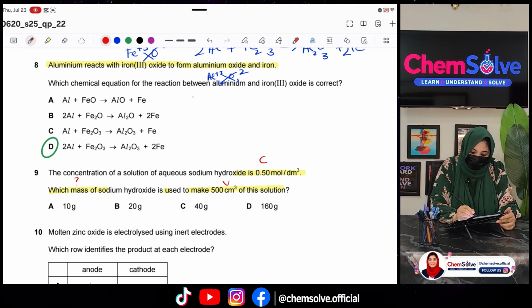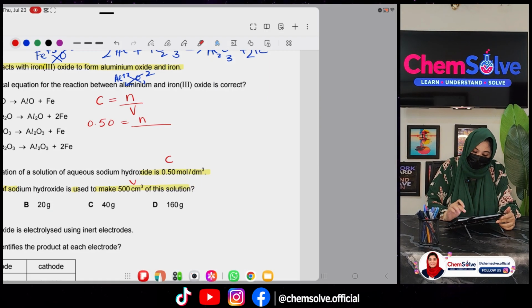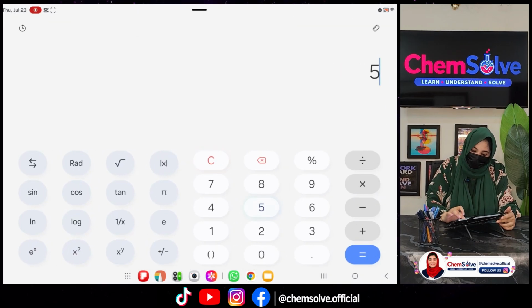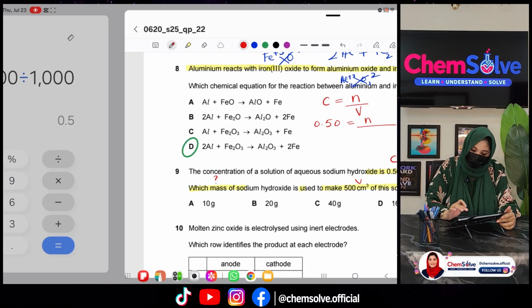I will write concentration is equal to number of moles over volume. Concentration is 0.50 and the number of moles I have to find out. Volume is 500, but we need to convert it into dm cube. For that, 500 divided by 1000 is 0.5.